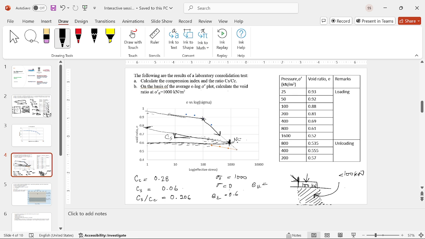Cs is the slope. Slope is delta e over delta sigma. e is here, it is almost 0.8, minus 0.6, over 1000.